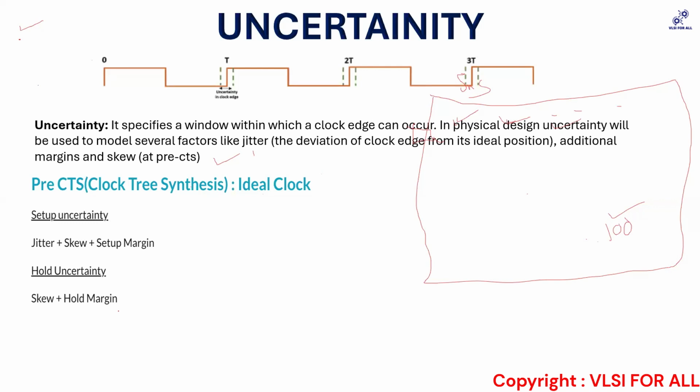Now if you look at the setup uncertainty formula and your hold uncertainty formula, what's the major difference you're looking at? Jitter. This comes into the picture when you are looking at what edge your setup is done on and what edge your hold is done on.